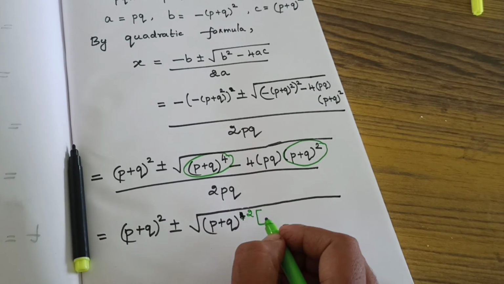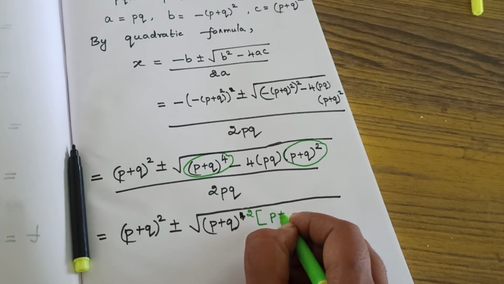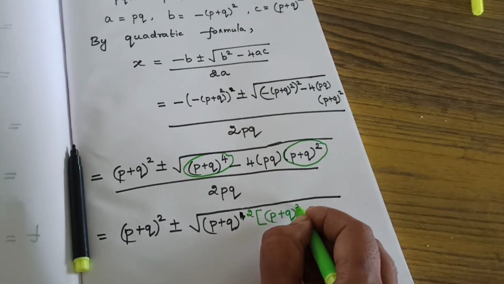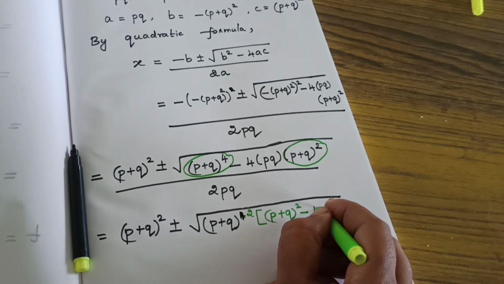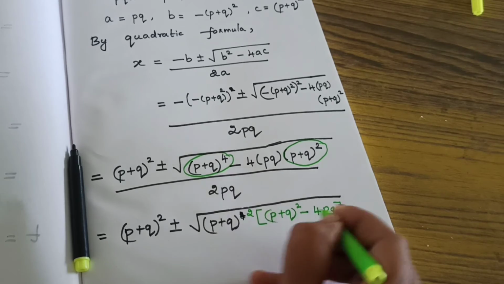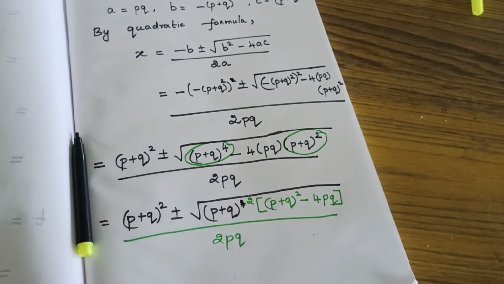What will be the remaining term? Here two terms we took outside. So p plus q the whole square minus, this term we already took outside, so 4pq, the whole divided by 2pq. Got it?